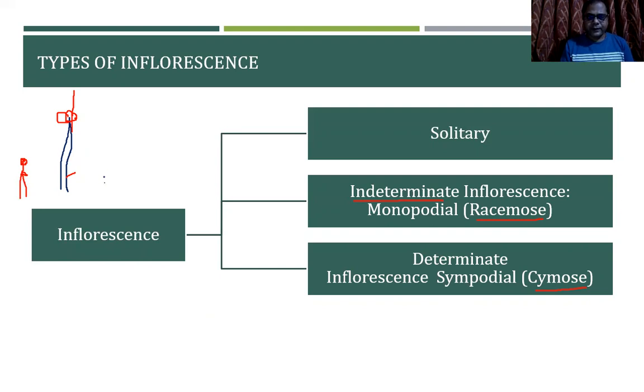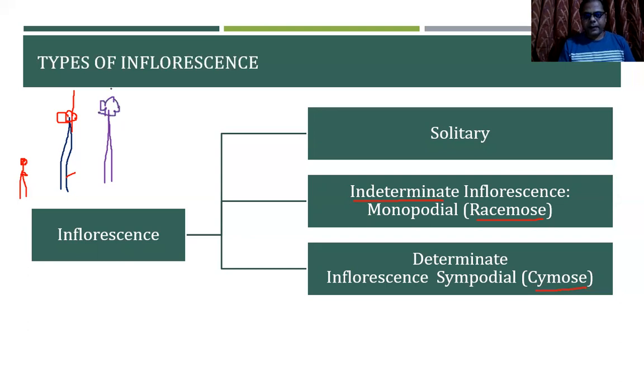So if this is your peduncle, what was happening in the case of racemose was that we have the youngest flower on the top and the older flowers towards the lower side. In the case of cymose, it's just the opposite, and the oldest flower is coming on the top.